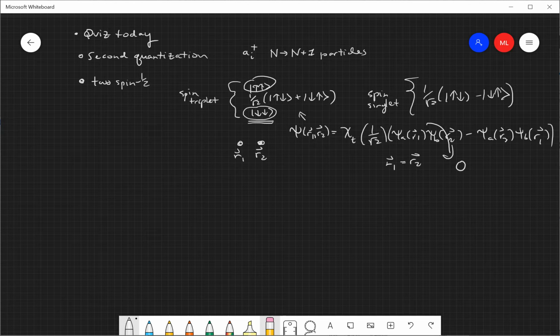So far, we've been dealing with creation annihilation operators like this, which put the particles in some state I, right? And we haven't really specified what I is, but typically it'll be like an energy level. But this should fully specify the quantum state of the particle. This is the full state of our particle.